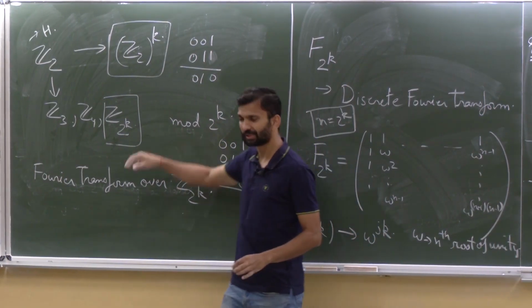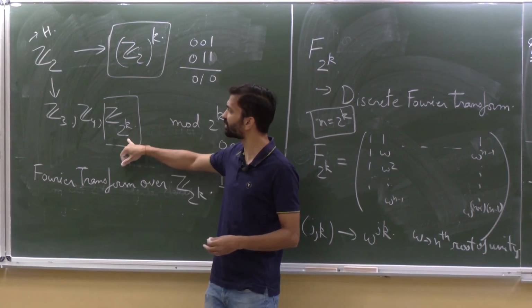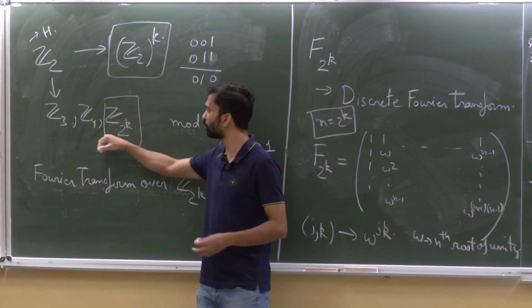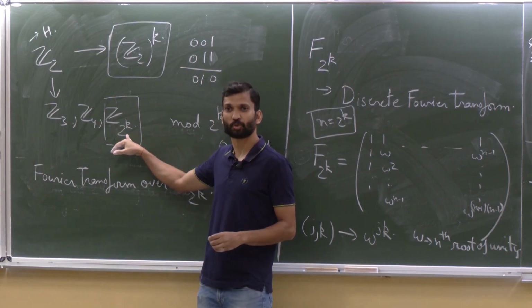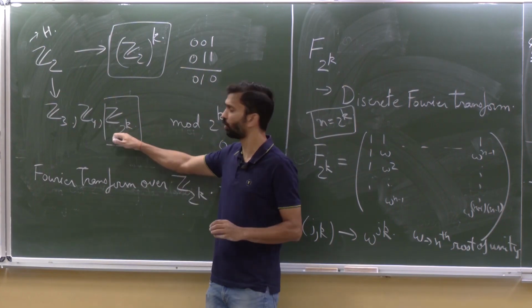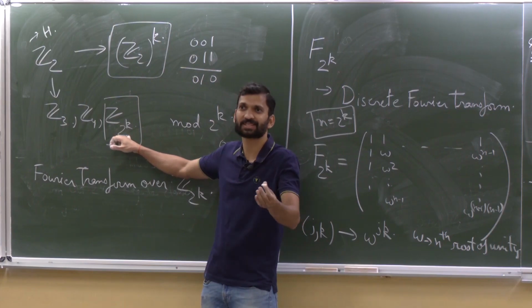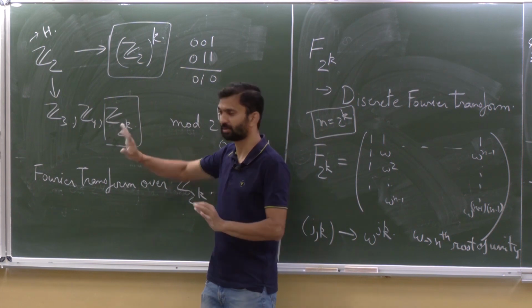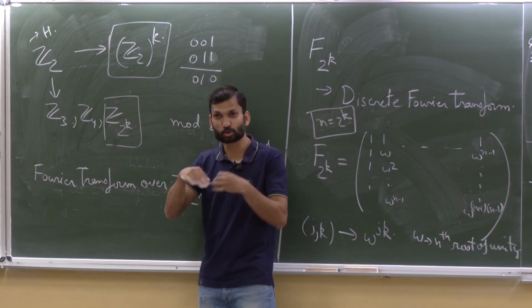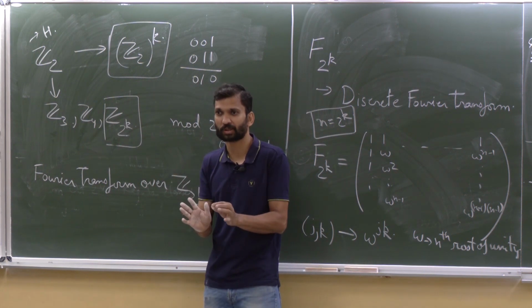By the way, there are ways by which once we have done this Fourier transform, we will actually be able to do Fourier transform over any Zn, even if this is not of the form 2 to the power k. But let's focus on 2 to the power k now, because we can write it as qubits. It's a much simpler representation. Okay, but just a note, others can also be done with more work.